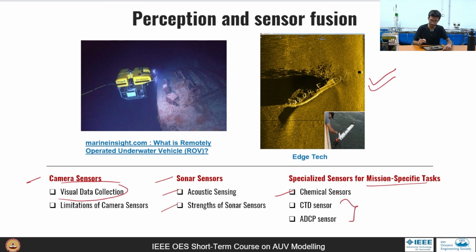Similarly, for various oceanographic surveys, we have sensors such as CTD and ADCP. Having collected all of this data, a perception module can perform sensor fusion algorithms to combine this data and get a better estimate of the AUV's surrounding.